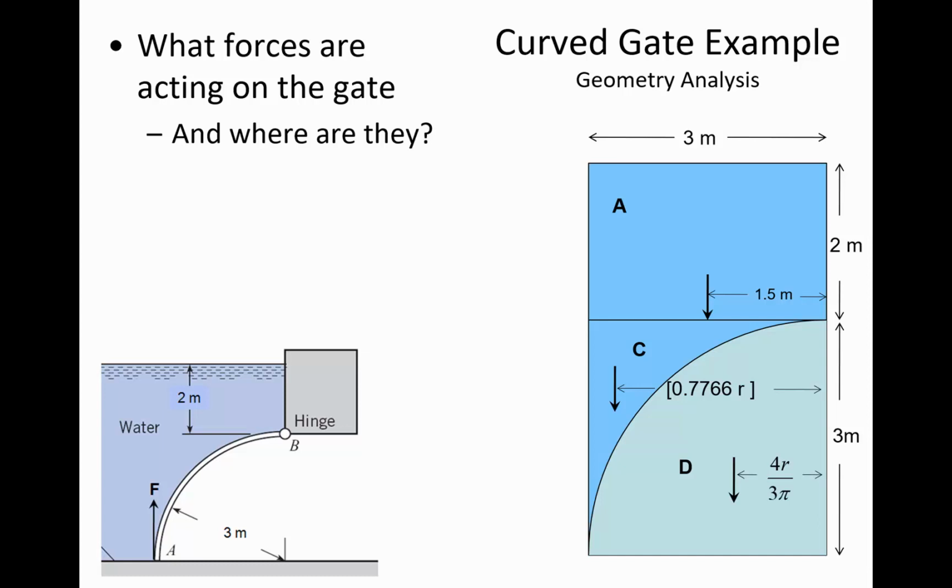Hopefully everybody can conceptually see what element C is. There's a formula that describes the location of the center of area: 0.7766 times the radius is the distance from the right edge over to where that force is located.